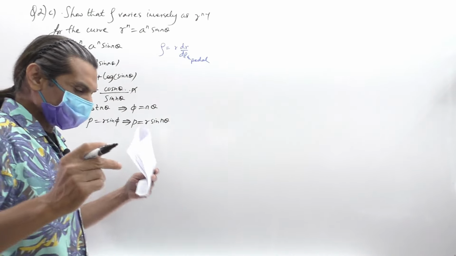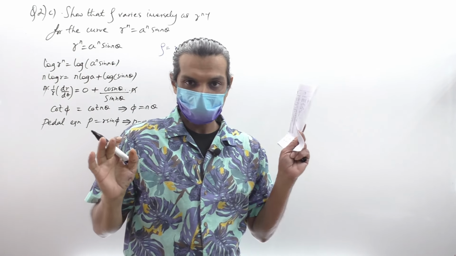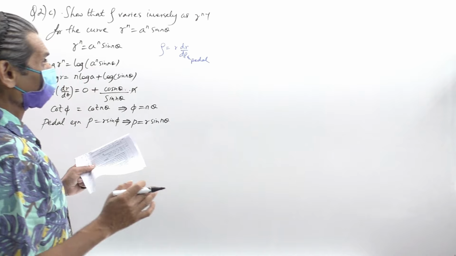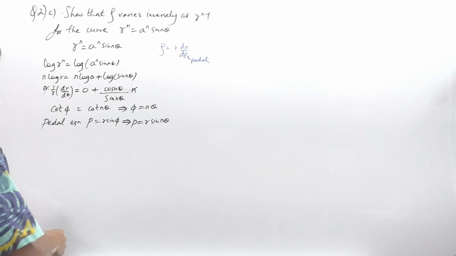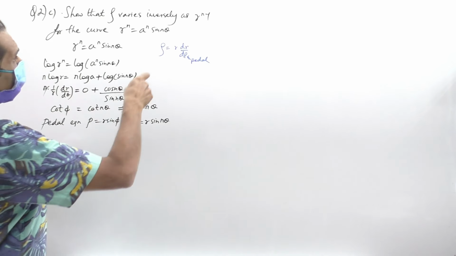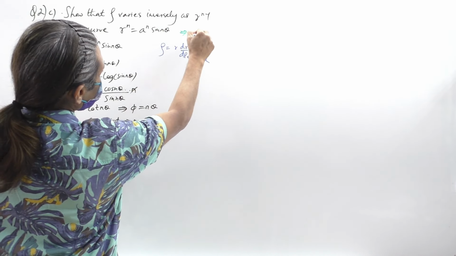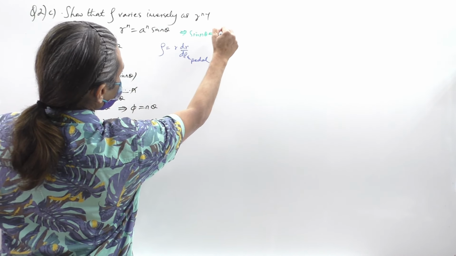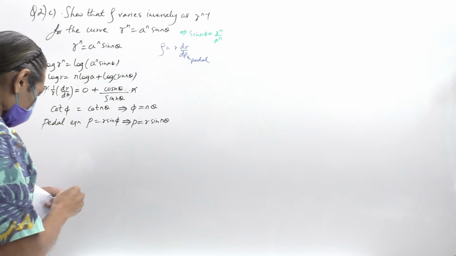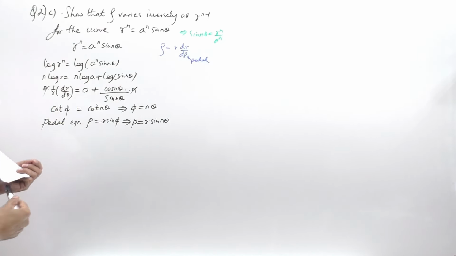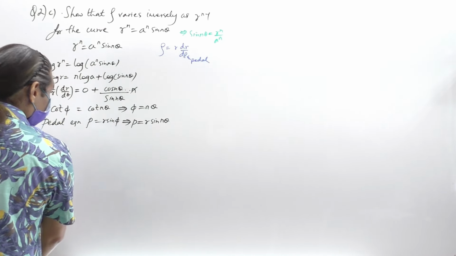And see, the pedal equation is always a constant, no theta is allowed. So from where do I get the value of sin n theta? From the problem question only. See here, r^n is equal to a^n sin n theta. So this implies sin n theta is equal to r^n by a^n. Am I right?